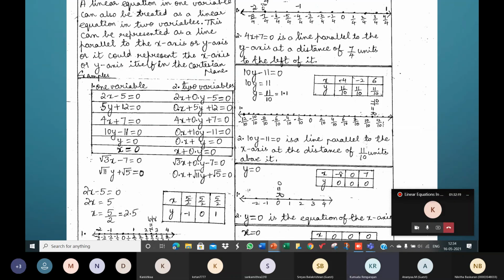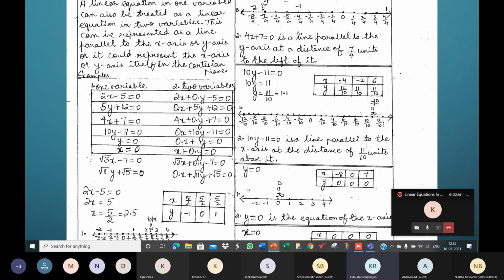Our conclusions are these. I'm just repeating whatever I got from you. Kanishka said the line is at a distance of 2.5 units from the y-axis. We can add a little more to it: the new line is at a distance of 2.5 units to the right side of the y-axis.